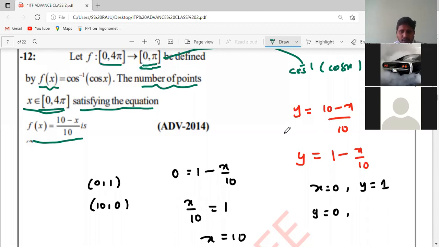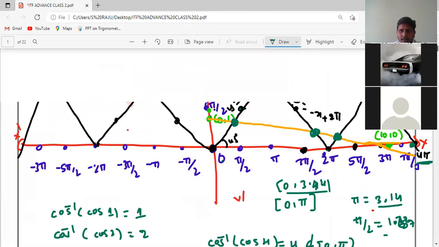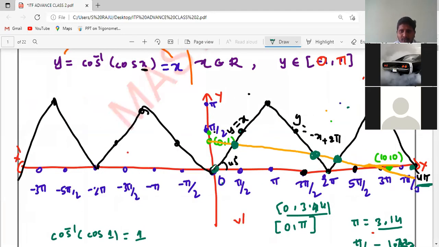So what I have done here, the graph lies between 0 to 4 pi. I have drawn the graph of the given cos inverse of cos x, and I drew the graph of the given line. When I substitute x is equal to 0, we get the point on the y-axis, and put y is equal to 0, we get the point on the x-axis. So I joined them because the graph can be extended.